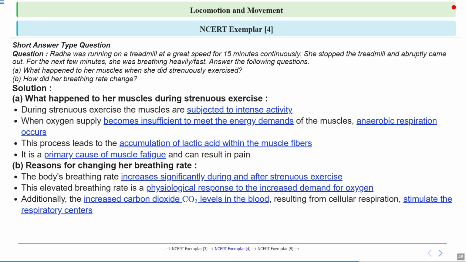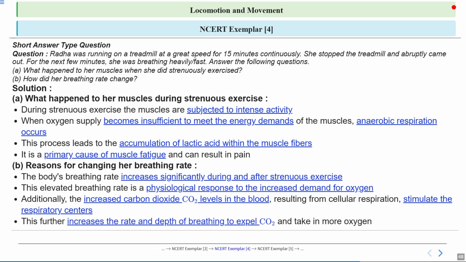Additionally, the increased carbon dioxide levels in the blood resulting from cellular respiration stimulate the respiratory centers. Now this further increases the rate and depth of breathing to expel CO2 and take in more oxygen.